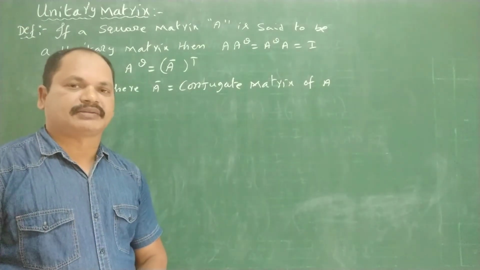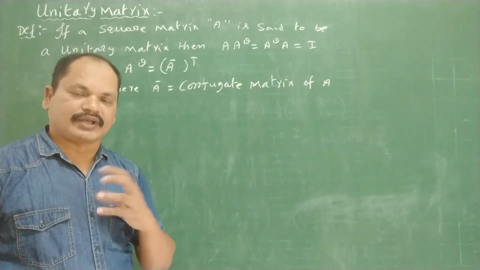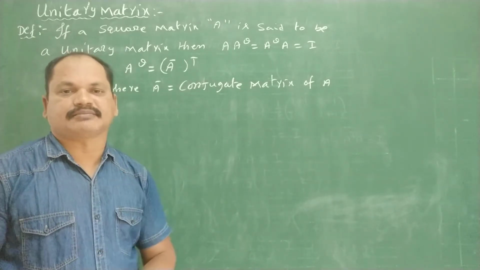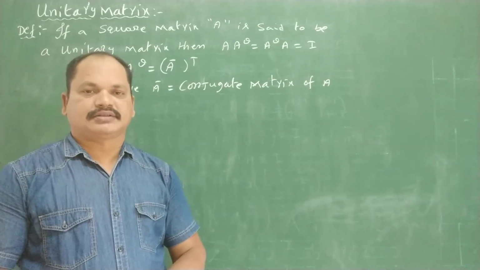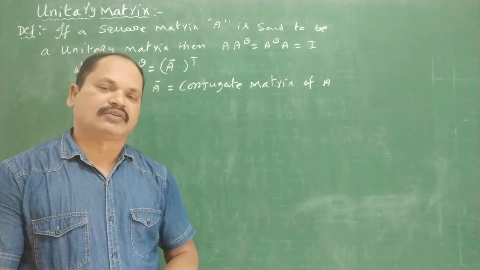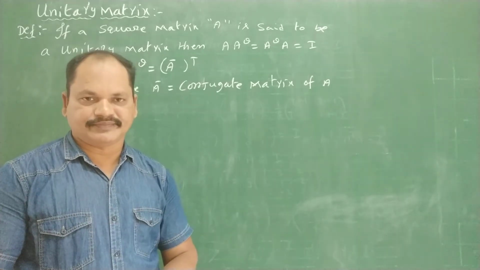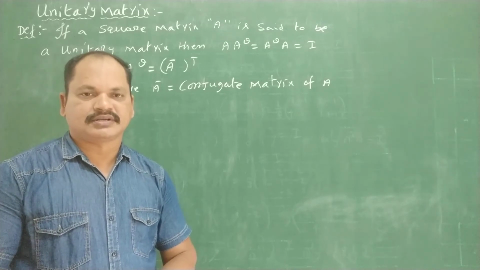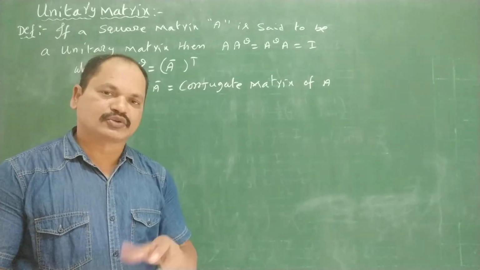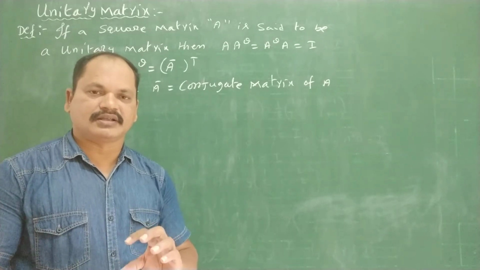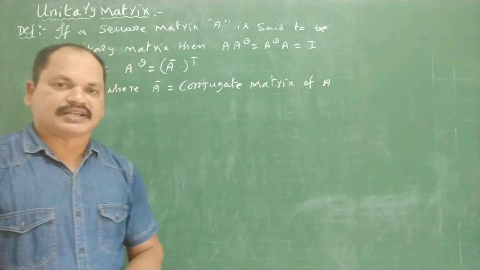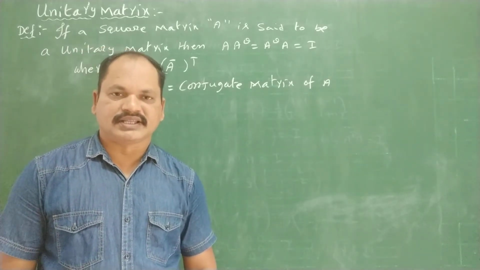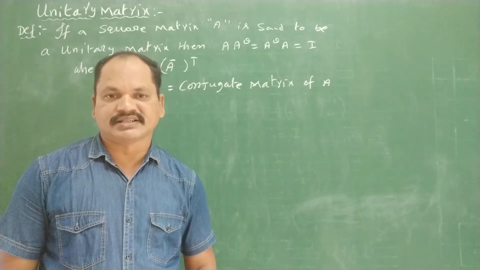That means conjugate matrix means what? In a square matrix involving elements which are complex numbers. A complex number is always in the form of a plus ib, where a is the real part, b is the imaginary part, and a and b belong to real numbers. Then its conjugate complex number is a minus ib.